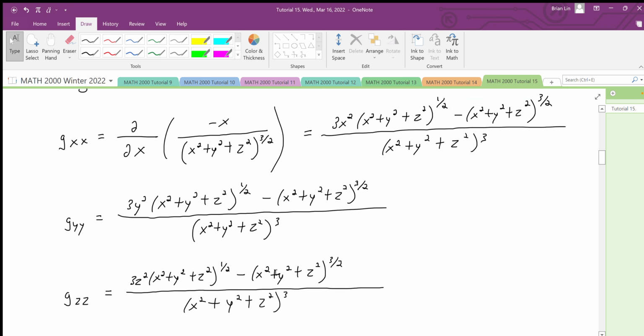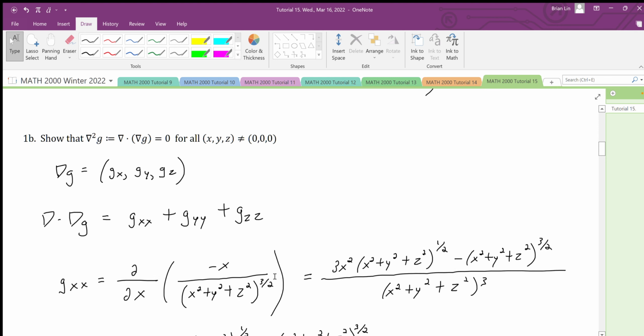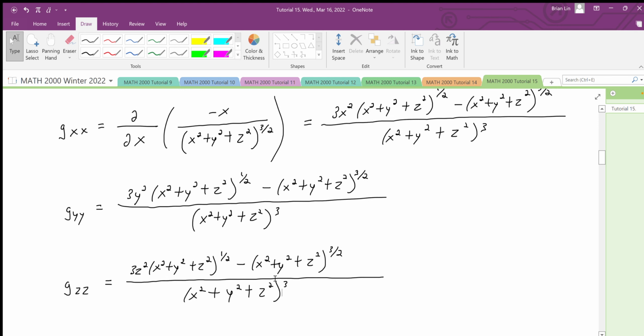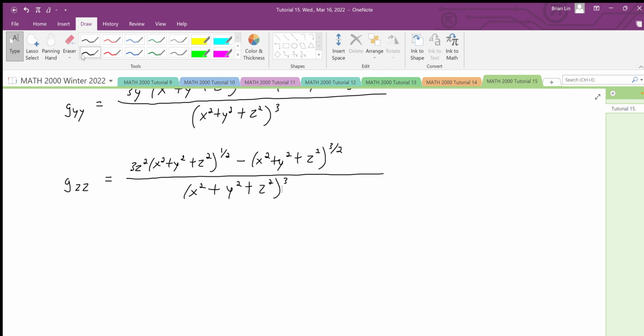Okay. So now we want the Laplacian, and we want to show the Laplacian is 0. So let's take gxx plus gyy plus gzz and sum it together. After some factorizations, nothing too difficult, this is just going to equal 3x squared, 3y squared, plus 3z squared.